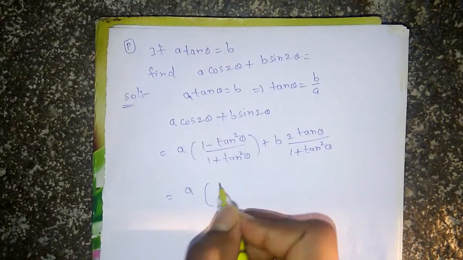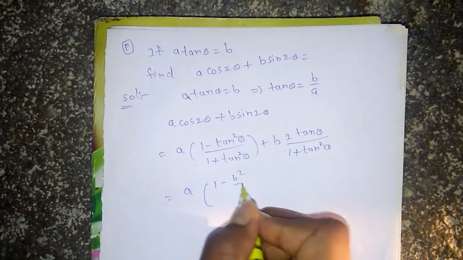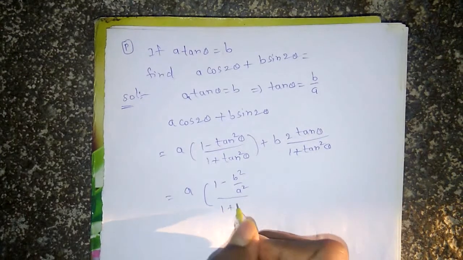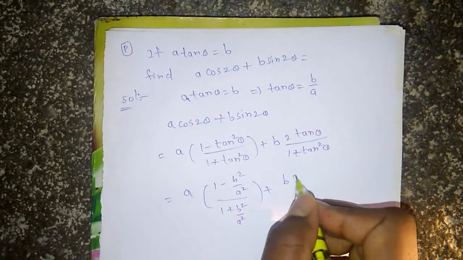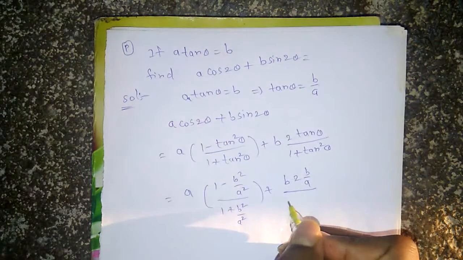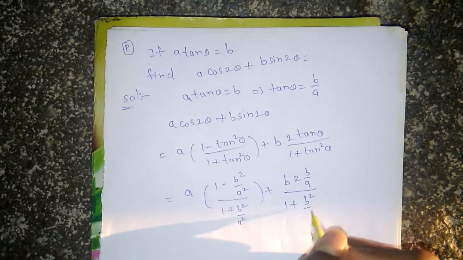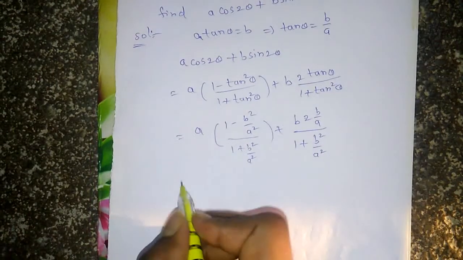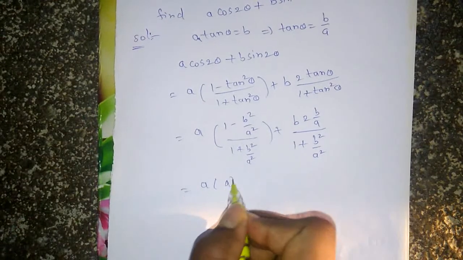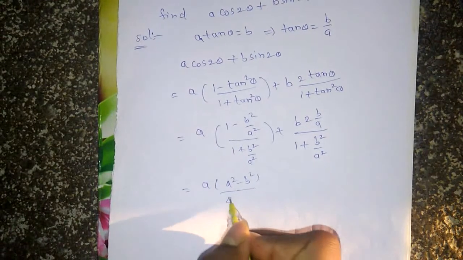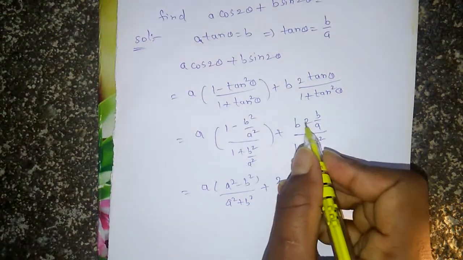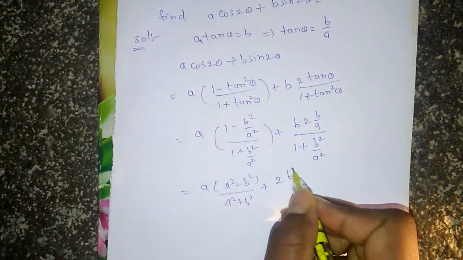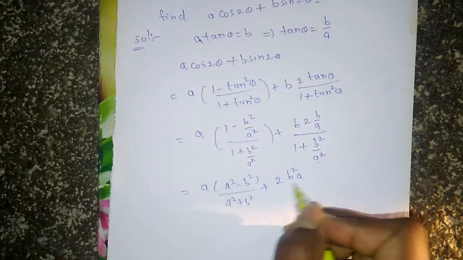Now substitute, tan square means b square by a square. This is a into 1 minus b square by a square, plus b into 2b by a, by 1 plus b square by a square. Here take LCM: this is a into a square minus b square by a square plus b square. Here also you will get 2b square by a, and another a is there, so a cancels.